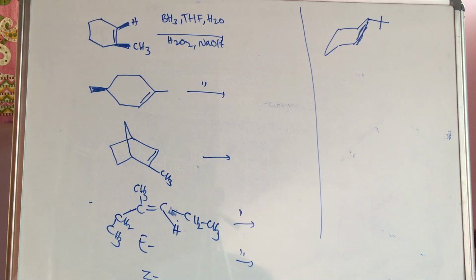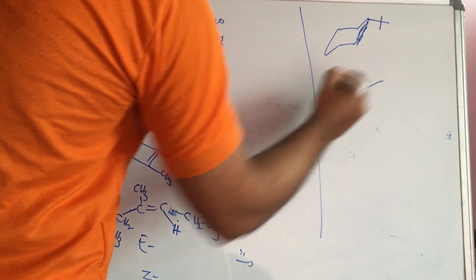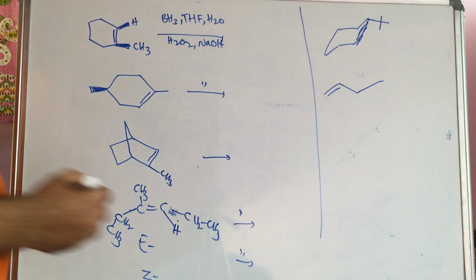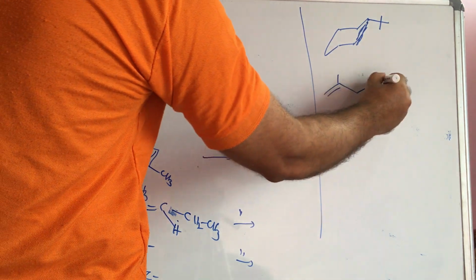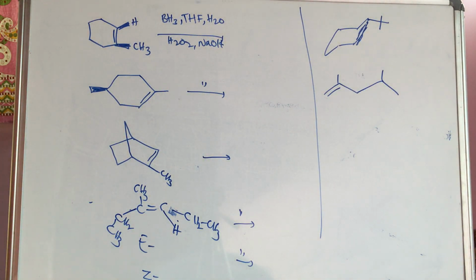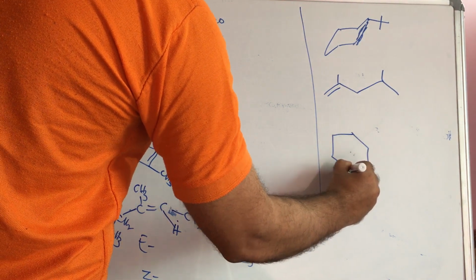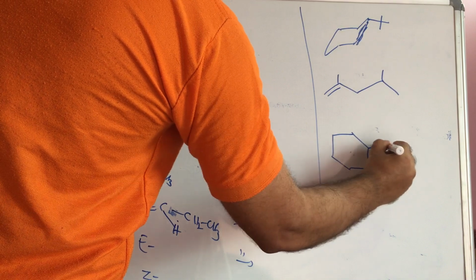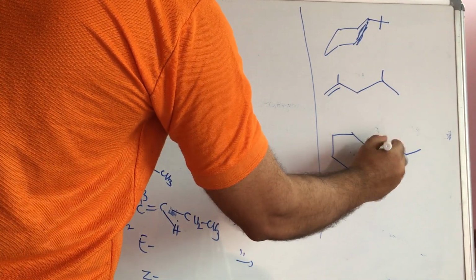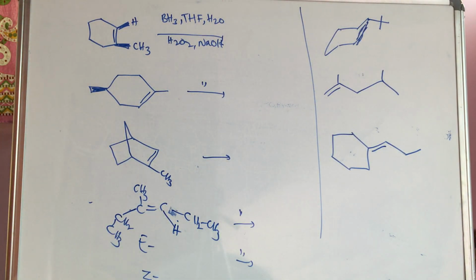Next, the double bond will be like this. Next, otherwise you can write the double bond here also. So what will be the product?